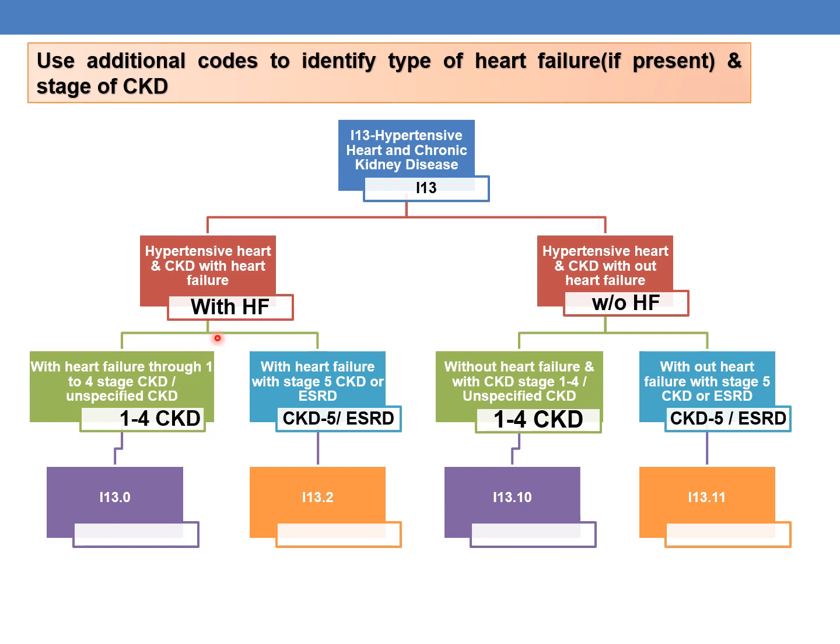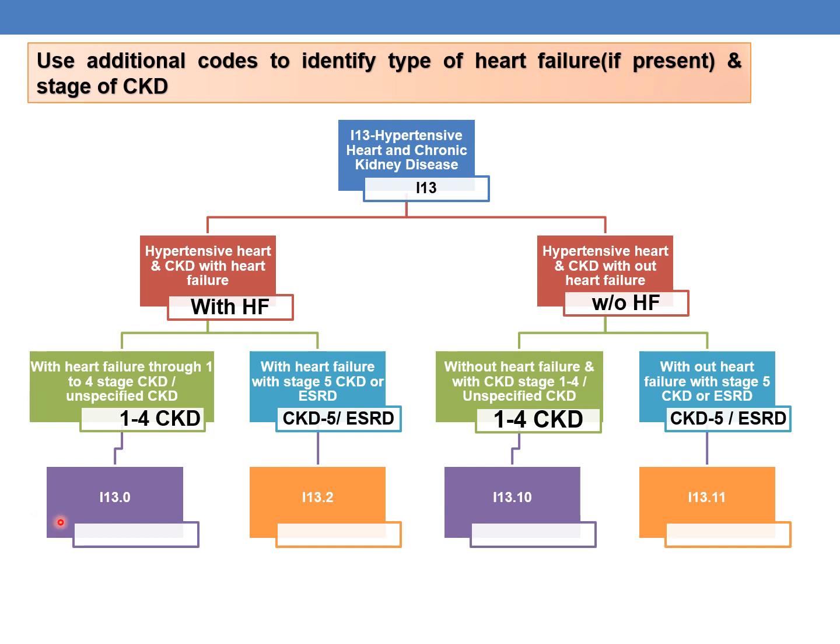So, with heart failure, codes are again categorized based on the stage of CKD. Hypertensive heart and CKD with heart failure through stages 1 to 4 of CKD or unspecified CKD. In all these cases, the final code is I13.0. So, the patient is suffering from heart failure and chronic kidney disease in the stage 1 to 4 or unspecified.